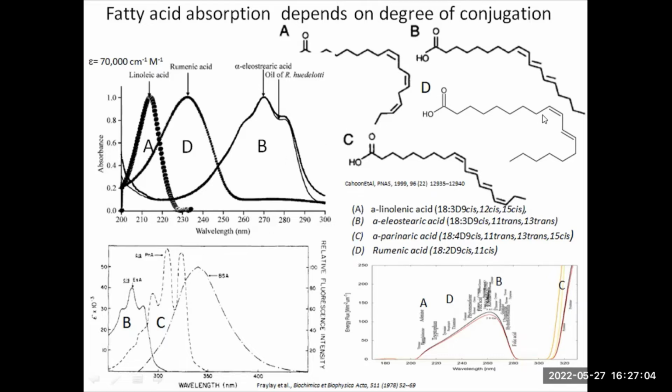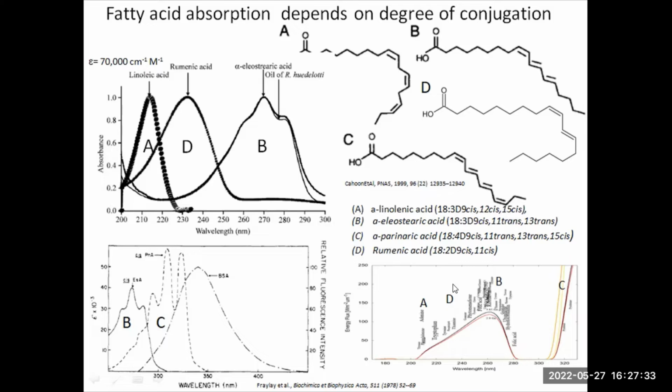With the conjugation of 2 here, we have a single double bond. We absorb at about 230 nanometers. And with 3 conjugations here, 1, 2, 3, we start absorbing at about 260, 270 nanometers. And this is in fact where the peak in this slide is.